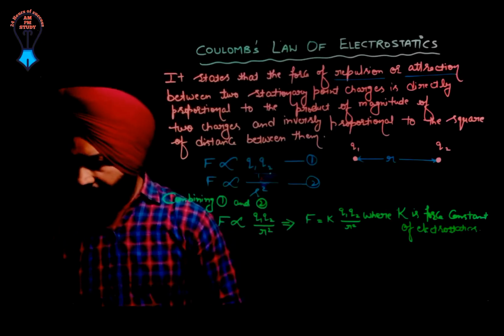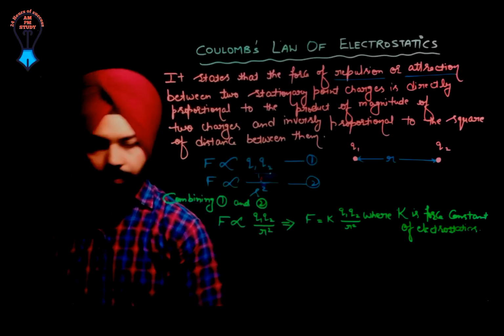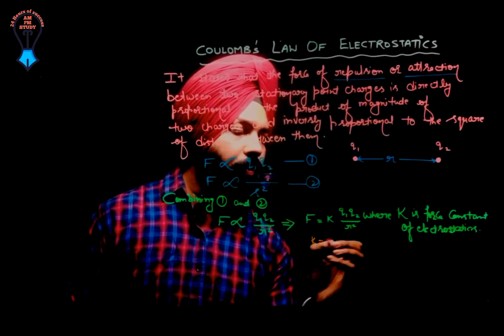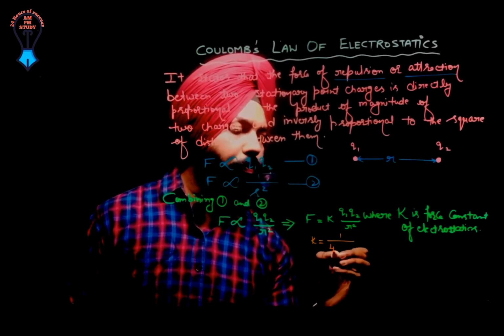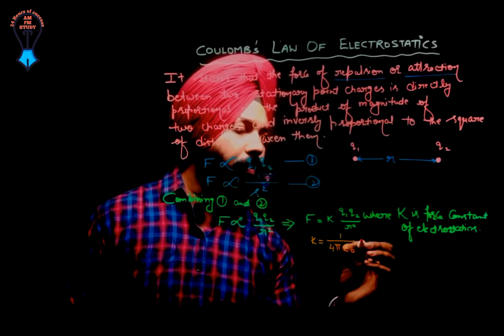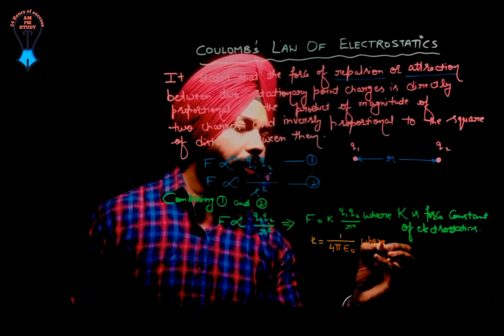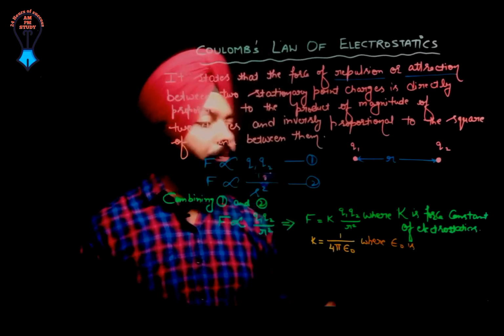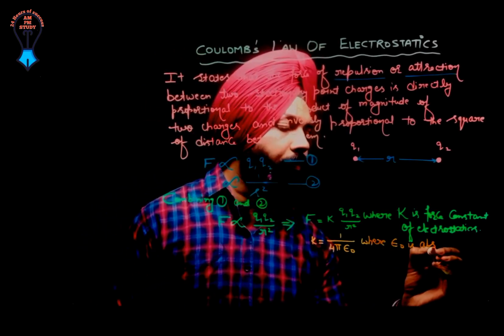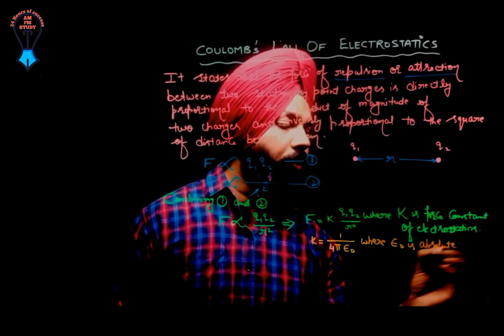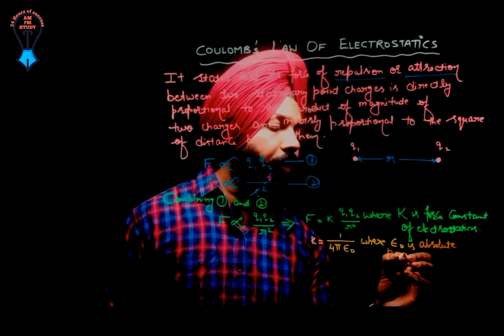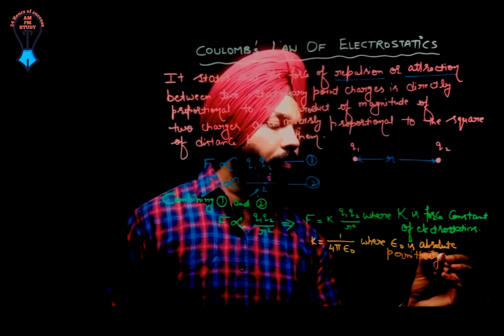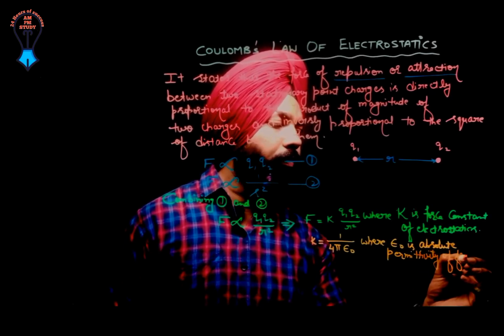The value of K is 1 by 4 pi epsilon naught, where epsilon naught is the absolute permittivity of free space.